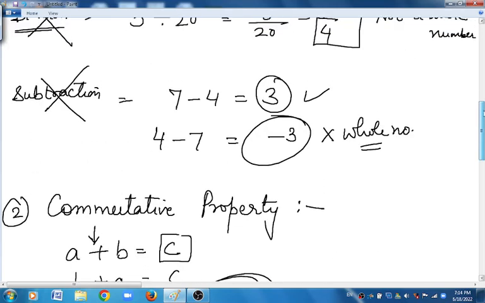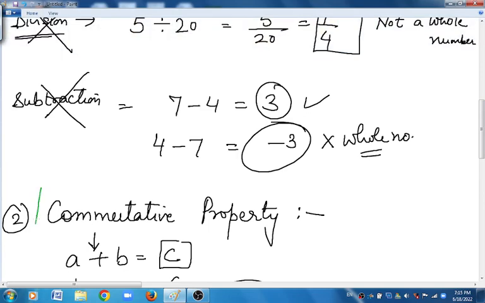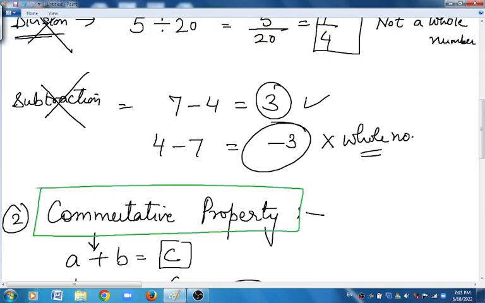What is commutative property? According to commutative property, I am writing it here for you. So it is the second property of the whole number.